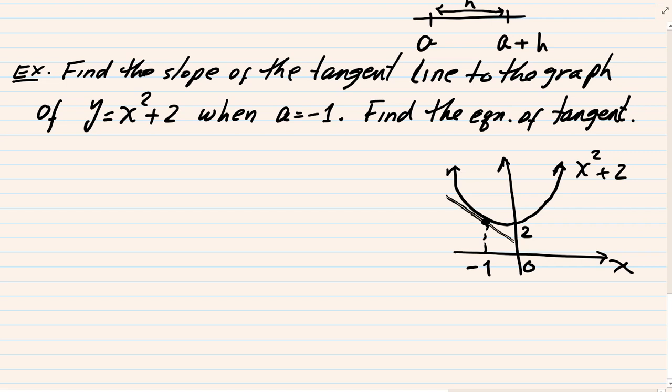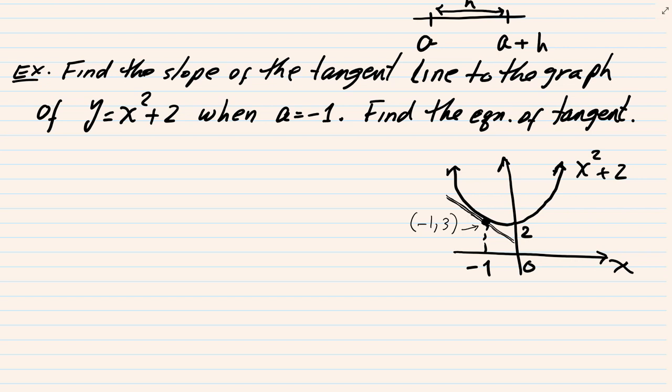It's really attached at that point. Just want to make sure you can see the line well. Now at -1, well, if you plug in -1 into the value of the function, the point is -1 comma 3, isn't it? That's this point. We want to find the slope and the equation of that line. That's what we would like to do.